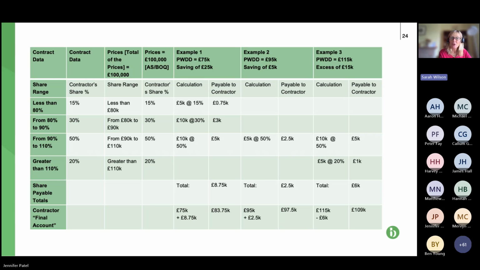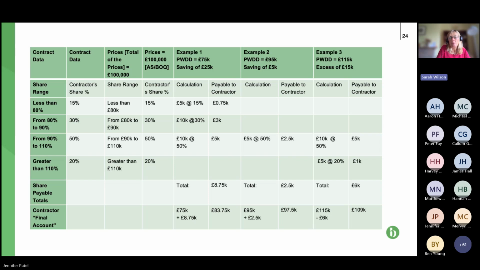The contractor's share is 50%. So if you go along, we've got 10,000 at 50% is 5,000. So you can see that of the £25,000 to be shared, the contractor, based on these figures, gets 8.75 thousand, and the paying party keeps the balance.